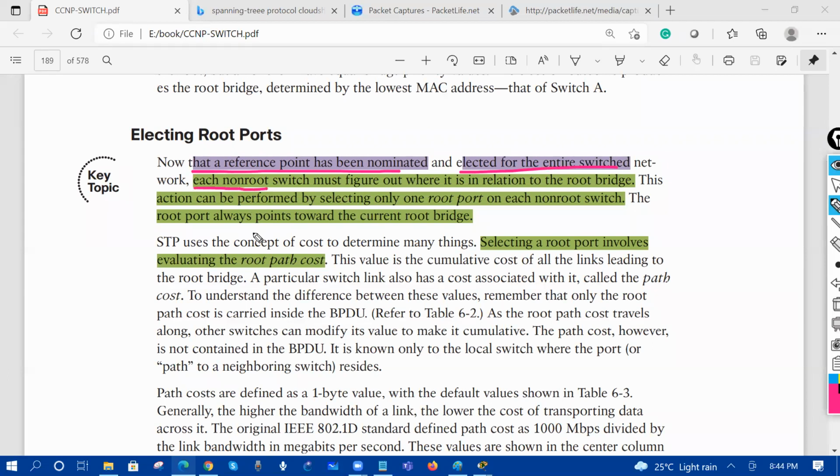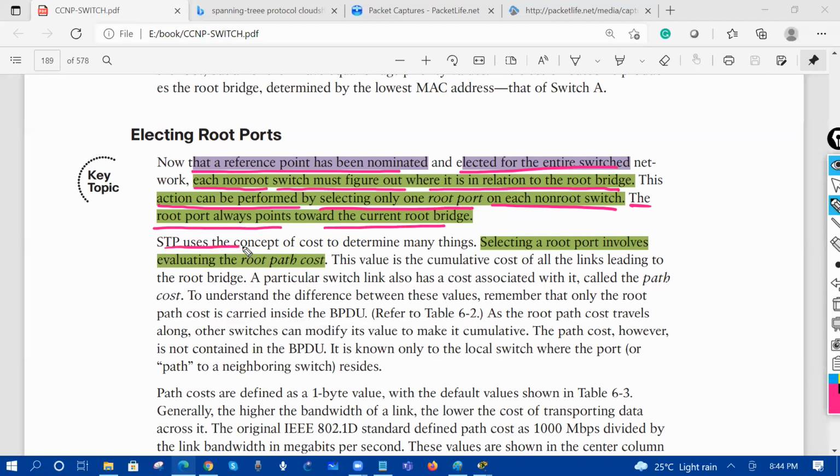Each non-root switch, each chief minister we can call it. What is a good relationship with the root bridge? You will have only one root port on a non-root switch. The root port always points towards the current root bridge.